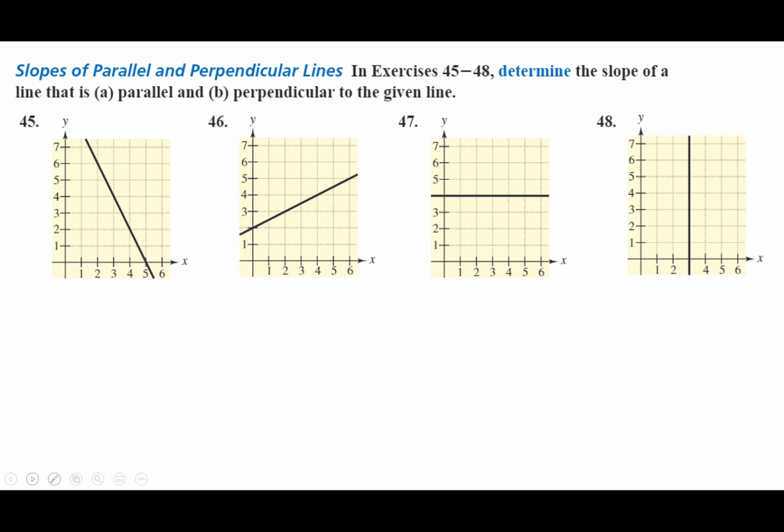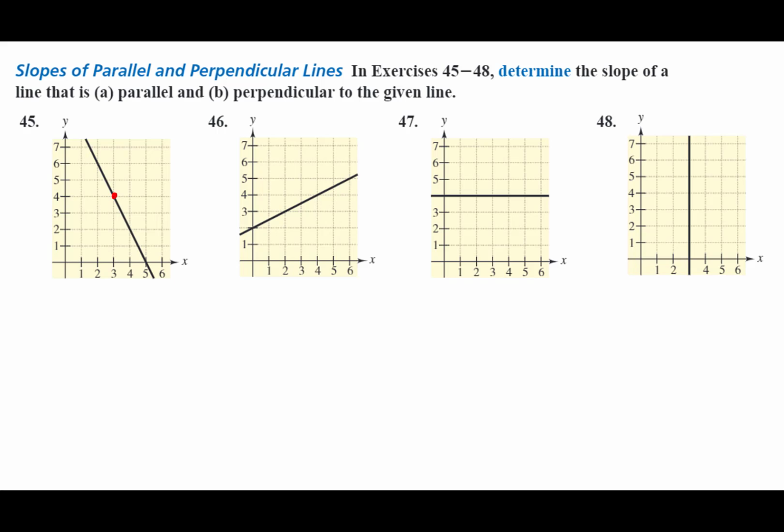Okay, next, we are going to determine the slope of the line given on the grid and then figure out the slope of a line that would be parallel and a slope that would be perpendicular to this line on the grid. The first thing you have to do for questions like this is identify the slope of the line that's on the grid. I'm going to color in two ordered pairs that the line crosses right at the corner of the grid.